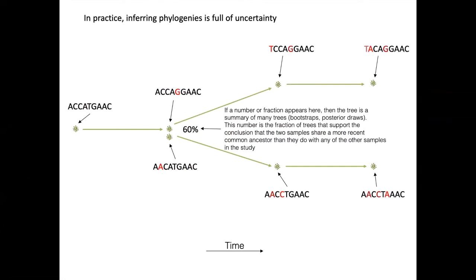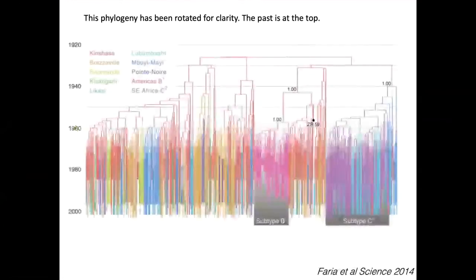And it means that in 40% of the trees, these 2 viruses were split by at least another virus, which had a more recent common ancestor within that picture.